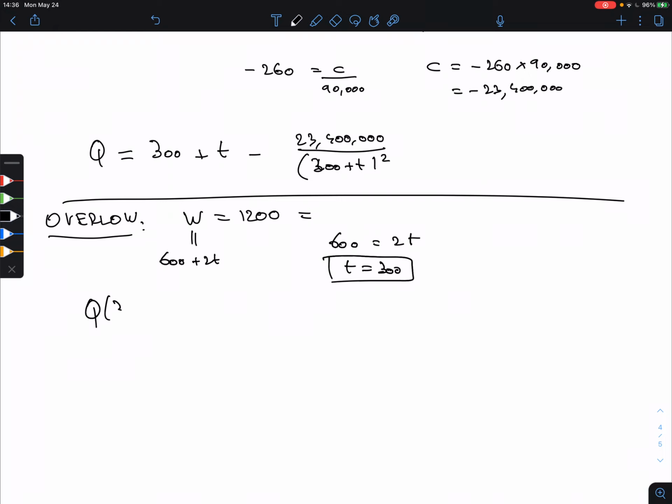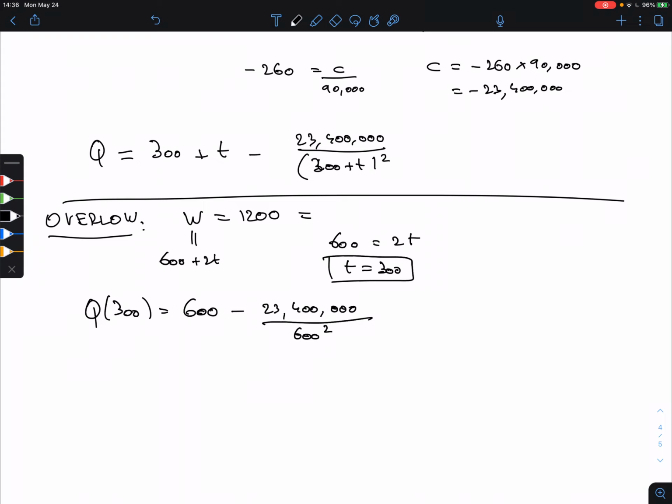So Q of 300, well, that's just plugging in, 300 plus 300 is 600, minus, and then we have 23,400,000 divided by 600 squared. Now, I don't know, let's see, divide this, oh no. How do I do this?